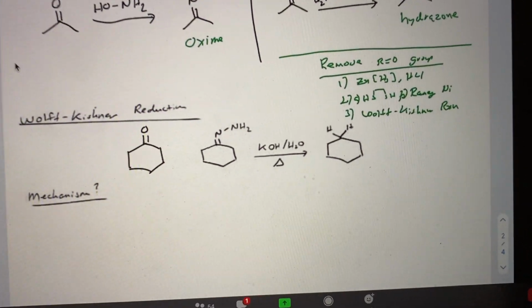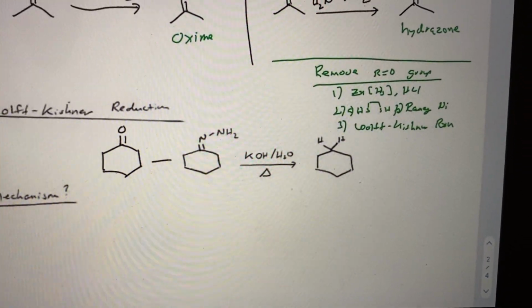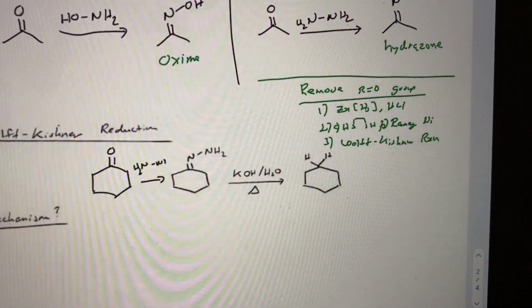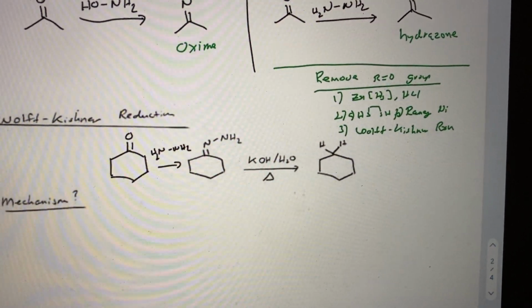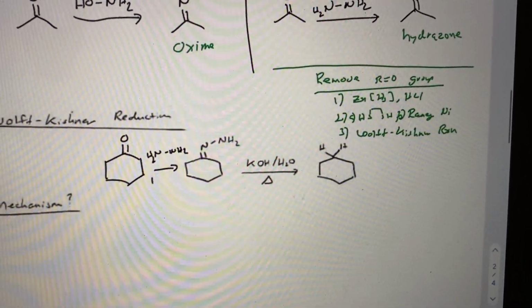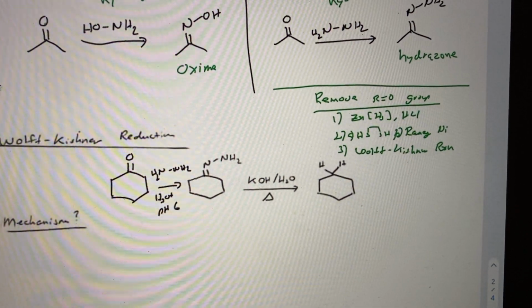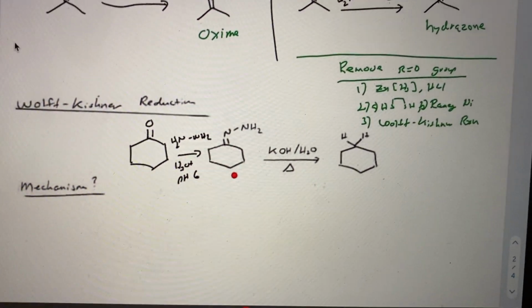However, the third way to do it is a two-step process where we can first take and turn this ketone into the hydrazone. So we'll take hydrazine, NH2 NH2. We can do this with a little bit of acid, slightly lower pH. This makes this hydrazone here by the same mechanism that we saw yesterday.